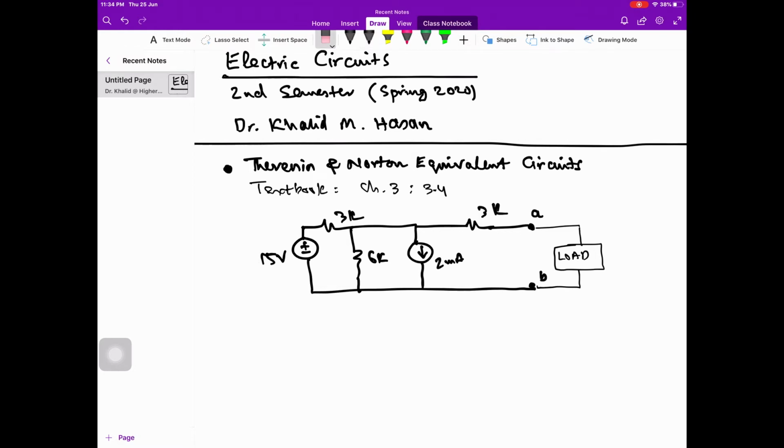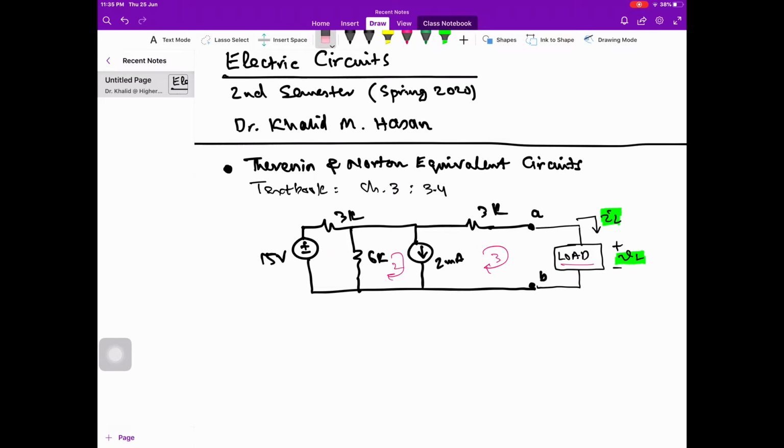Now, if we are interested in the load voltage and the current which is flowing through the load, we can perform mesh analysis. Knowing the load, we can find current 1, current 2, current 3, and then we can find the load voltage and the load current.